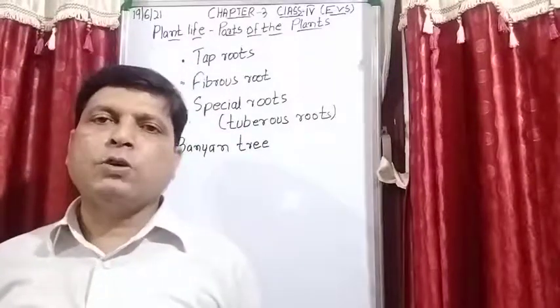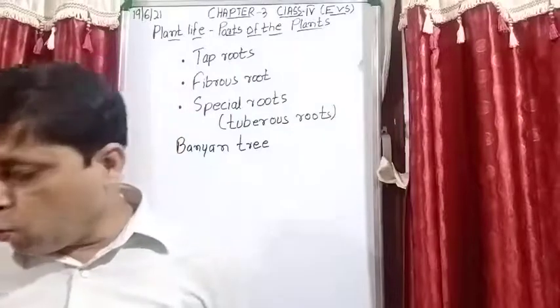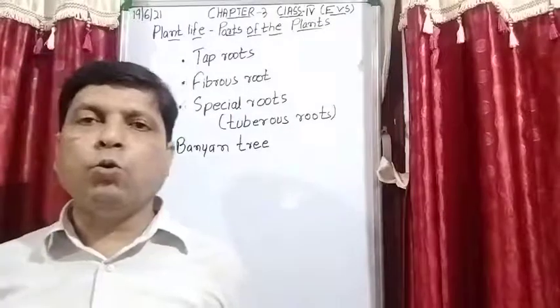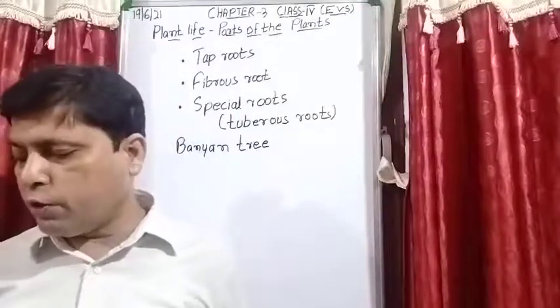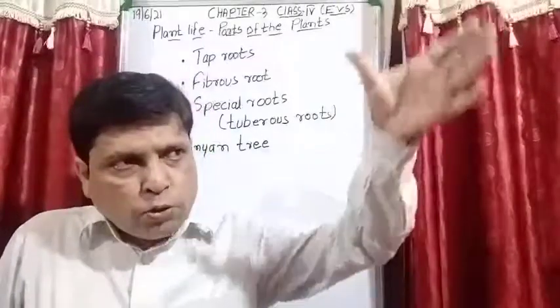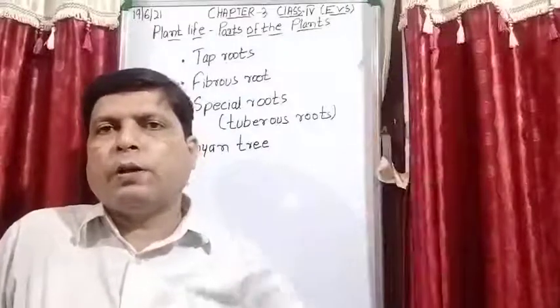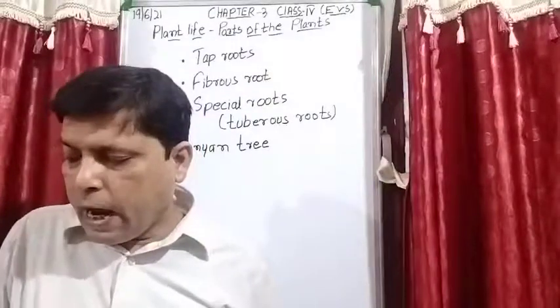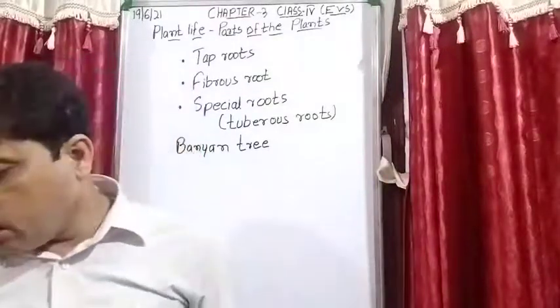From the branches of this tree, the roots grow downwards towards the ground. ठीक है, ब्रांचेस से जो रूट्स हैं डाउनवर्ड की तरफ, ग्राउंड की तरफ ग्रो करती हैं. And this is known as aerial root.